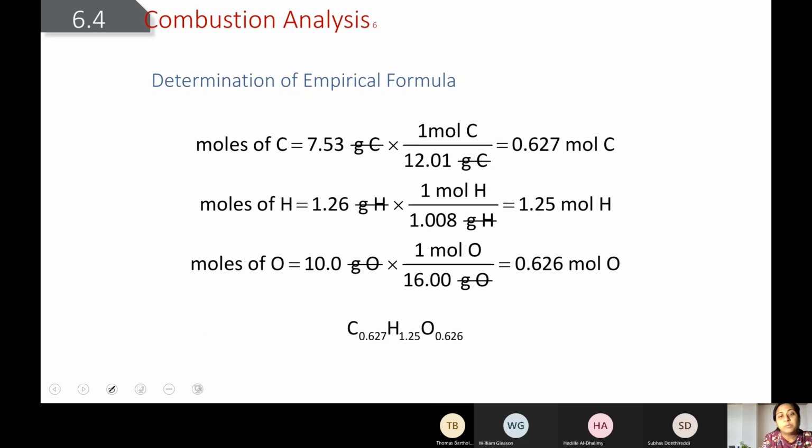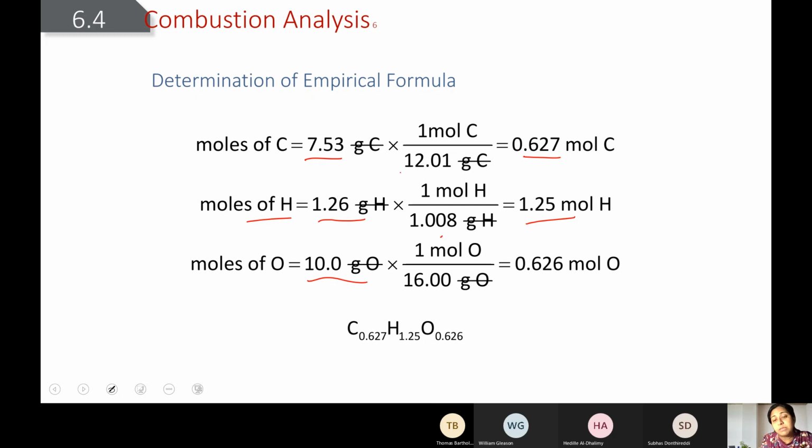So we calculate the moles of carbon. 7.53 grams of carbon divided by its molar mass. I get 0.627 moles of carbon. Then I am going to calculate the moles of hydrogen. The mass is 1.26 grams for hydrogen, and you divide that by its molar mass. It is 1.25, and we found there is only 10.0 grams of oxygen in that sample of glucose.